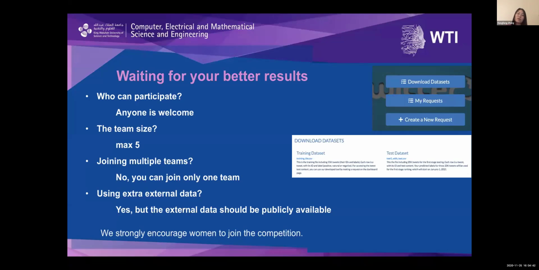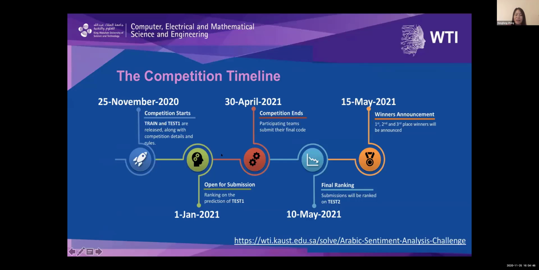So for the submission here, let me go to the timeline again. For the submission starting from January 1st to April 30, you just submit your prediction for test 1. We have 20,000 tweets. You just submit what you predicted. Then, according to the ranking list, you will be aware of your position.